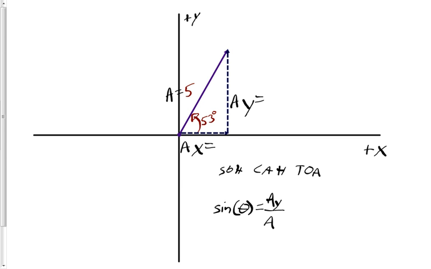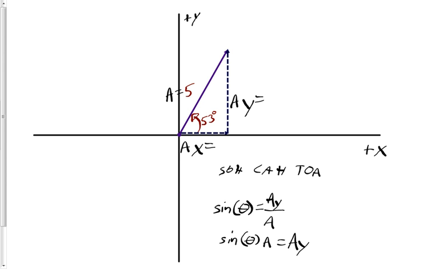If I want to find the vector A in the y direction, then I simply need to multiply each side by vector A along its path. So sine of angle theta times A is equal to A in the y direction.